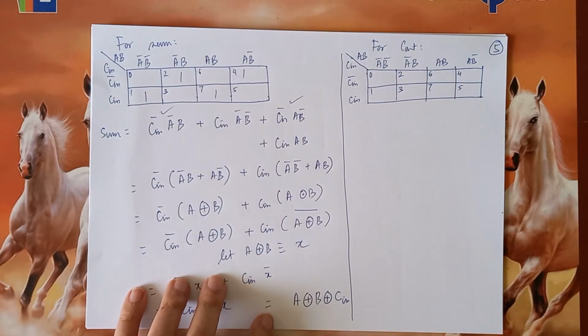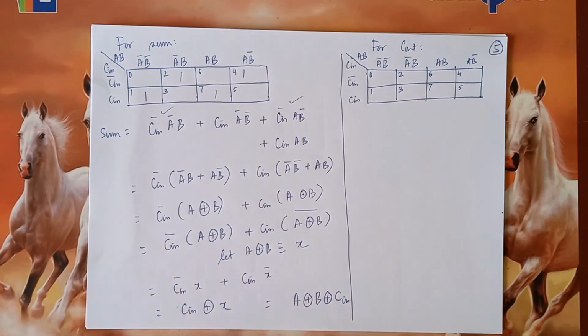Over here, the min terms for C out were 3, 5, 6 and 7.